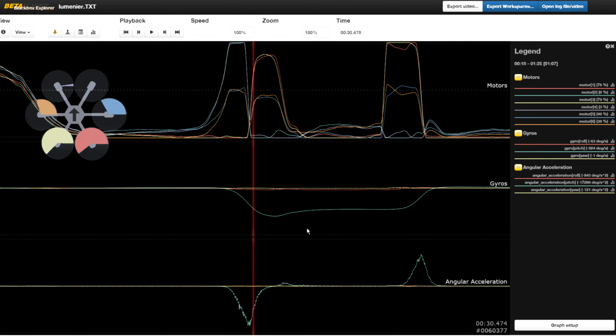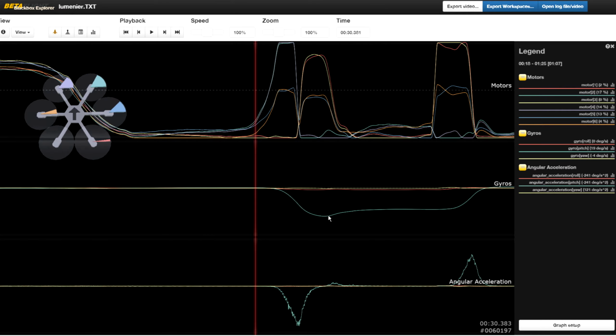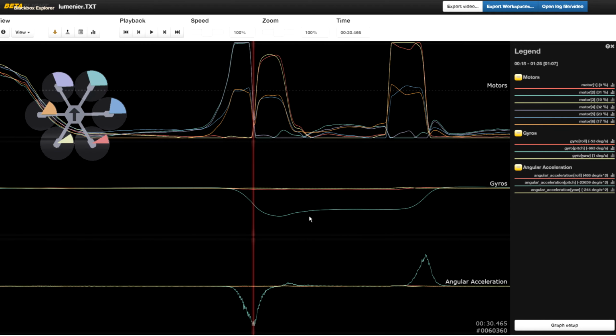Some interesting things that I found, though, looking back at the previous logs with this: our peak acceleration is basically right where we had a look at it, around about 700 degrees here at the peak, and I'm pulling 2300 degrees a second.